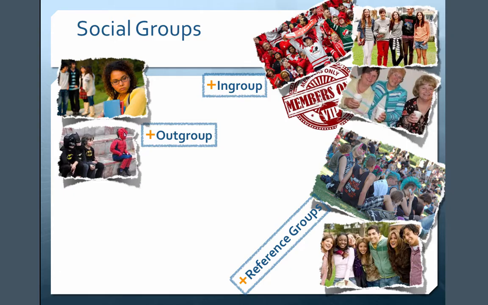We may accept the values and norms of a group with which we identify rather than ones to which we belong. These are things we either strive to be or identify with, and see ourselves being part of, the in-group, if you will. They may stand out as aspirations, where we want to see ourselves being somewhere in the near future, perhaps.